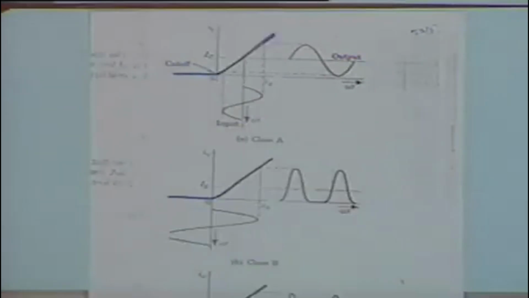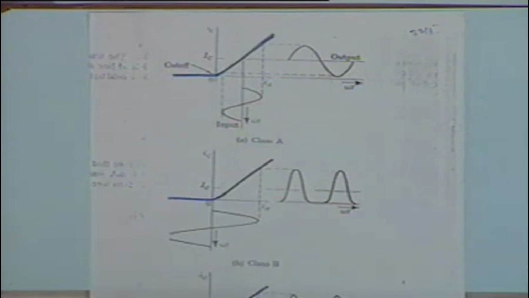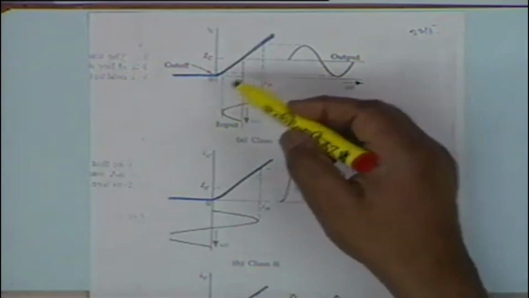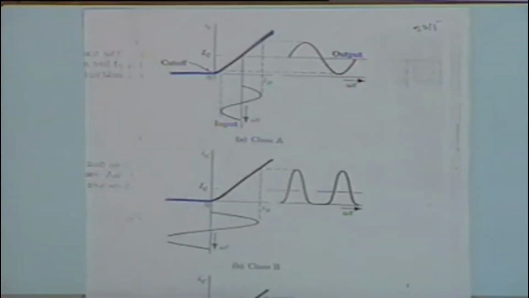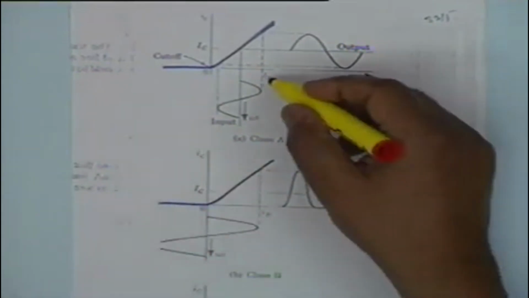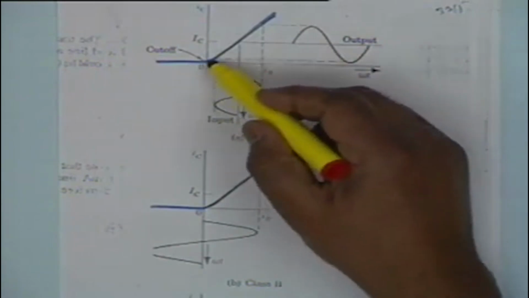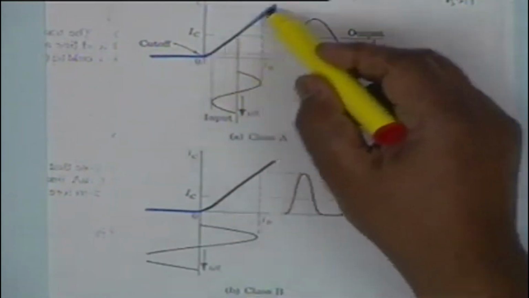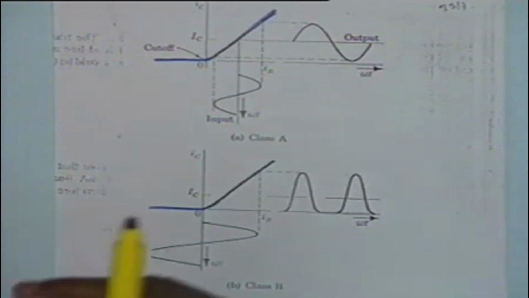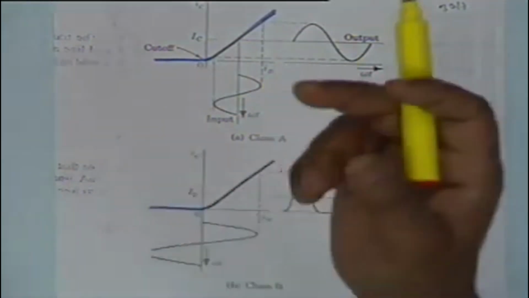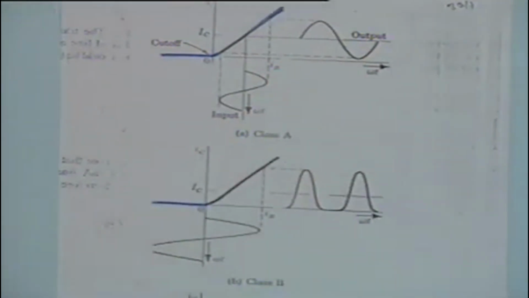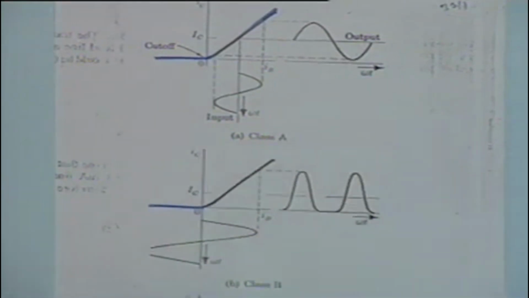This is a pictorial representation of the 3 classes of operation. You see, this is a plot of I sub C, collector current, versus I sub B, the base current, and this curve is linear. For equal increments of base current you get equal increments of collector current, provided the base current is positive.